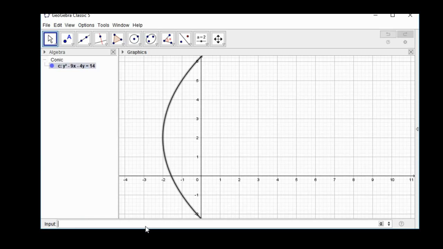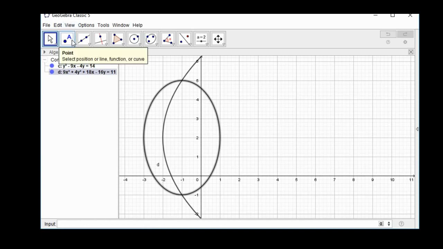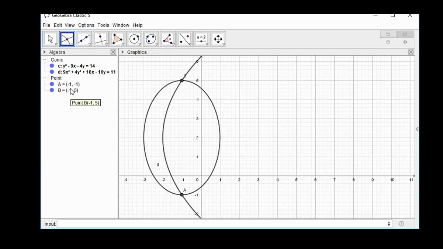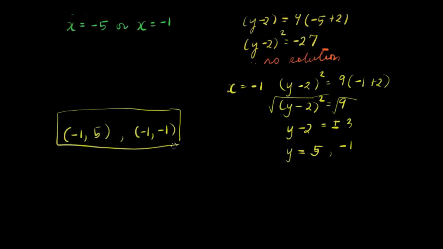It's a parabola that opens to the right, and the other one is 9x squared plus 4y squared plus 18x minus 16y equals 11. So let's just look for the points of intersection. I'm going to activate intersect and then click the parabola and then the ellipse. The points of intersection are -1, -1, and -1, 5.